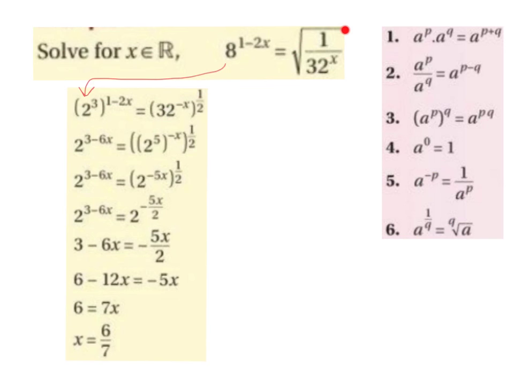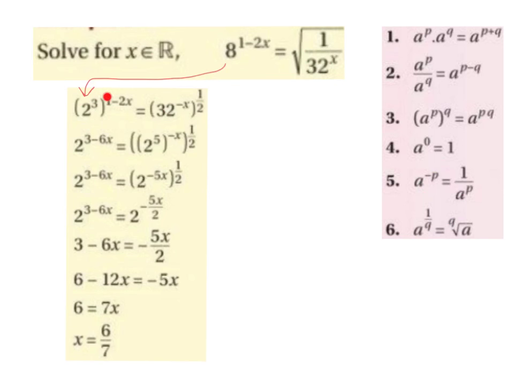So that root becomes to the power of a half, and that 1 over 32 to the power of positive x becomes 32 to the power of minus x. Now I could have changed the 32 to a base of 2 in that step as well, but I just didn't want to have 3 steps in the one step.